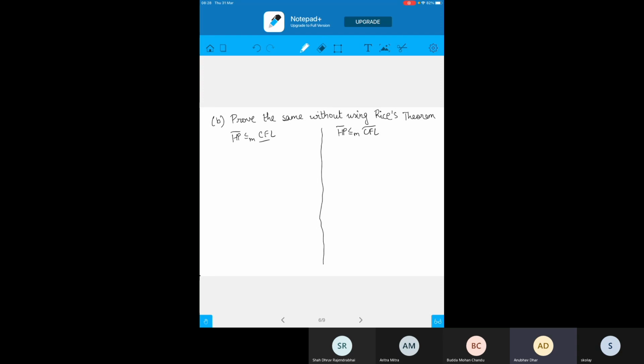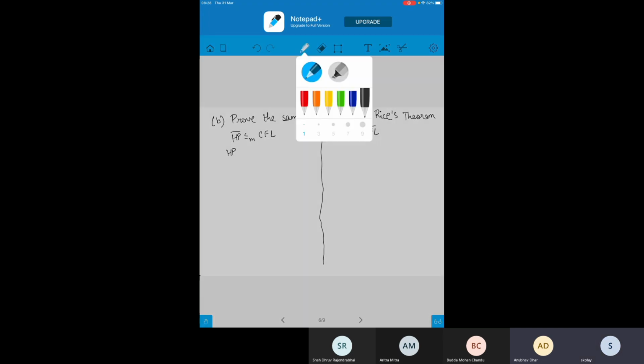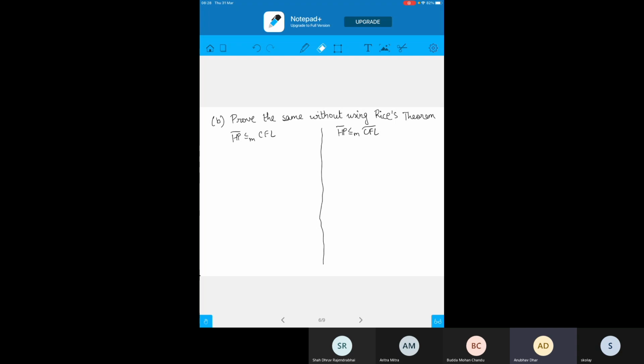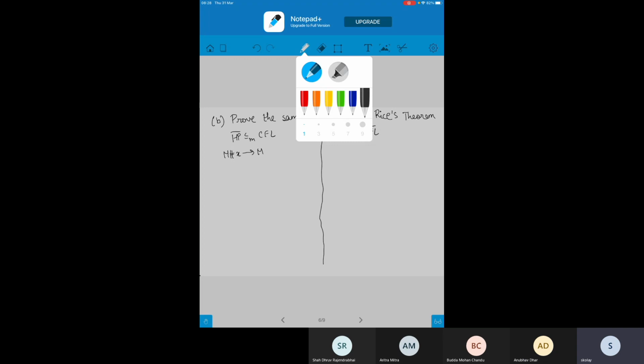Then we can use this reduction from HP to a Turing machine N such that the language of N is context free if and only if M does not halt on X. The language of N is not context free if and only if it does halt.